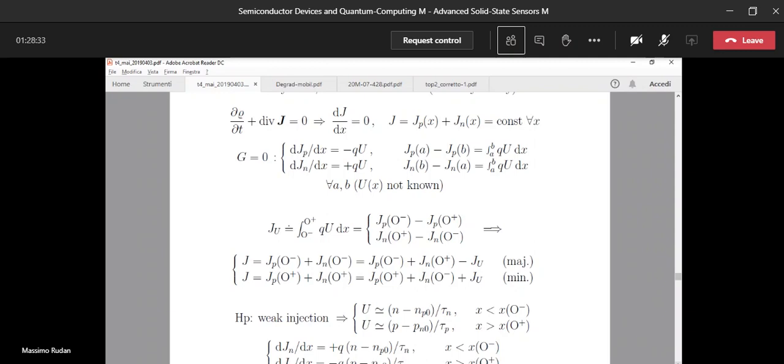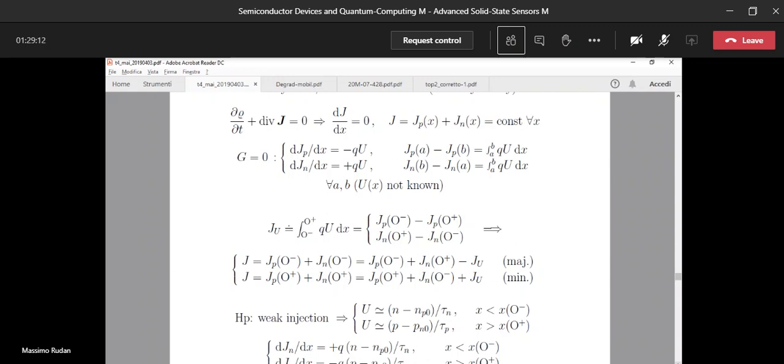So we have an alternative expression in which J can be expressed in terms of the current densities of the minority carriers calculated at specific positions in the device, okay? The second expression is preferable because of some properties that we shall discuss now, and some of them you already know from previous lessons, okay?